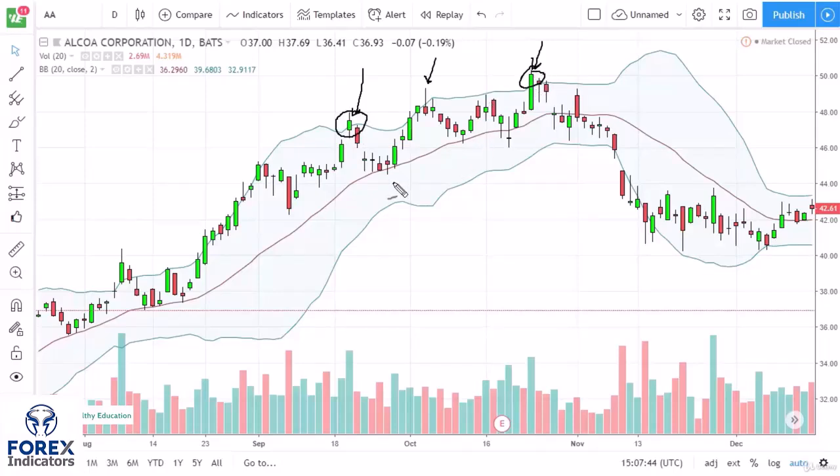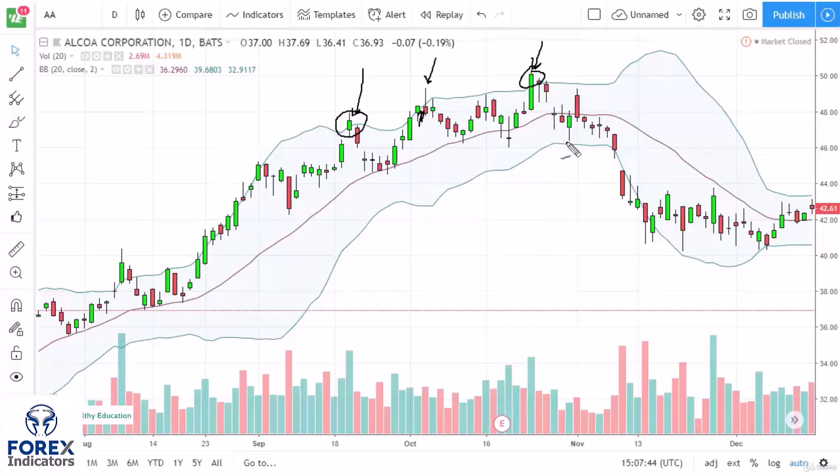And that tells me that perhaps it's time to exit a long position. This one tells me that we are starting to pull back. It's a shooting star. But when you close outside of 2 standard deviations, you are getting a bit stretched. So if you're long, this could be a reason to exit.